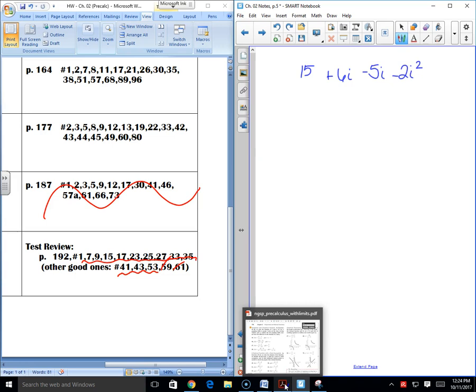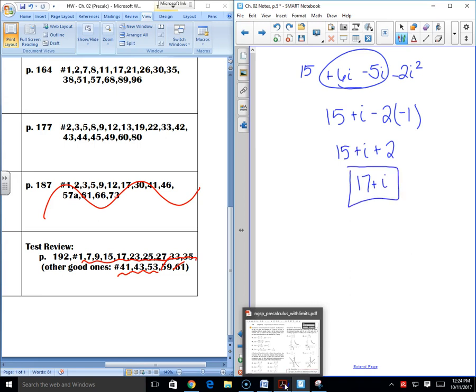Look in your notes for 2.4 also. Whenever we multiply, we combine any like terms we can, which will end up being a positive i. But the dilemma is, what do we know about i squared? It's negative 1. So that'd be 15 plus i plus 2, which would be 17 plus i. And we cannot combine anymore because that's real, that's imaginary, they must stay separate.